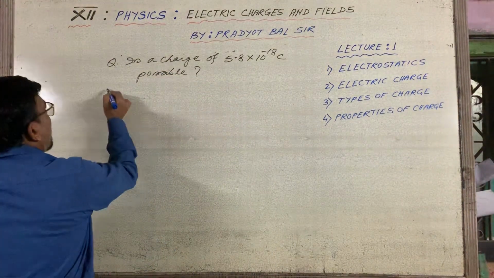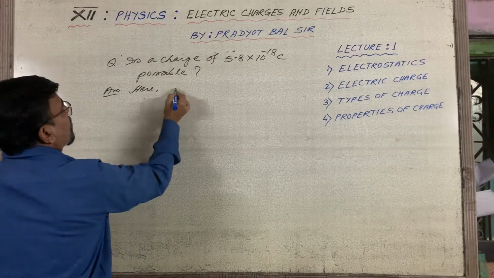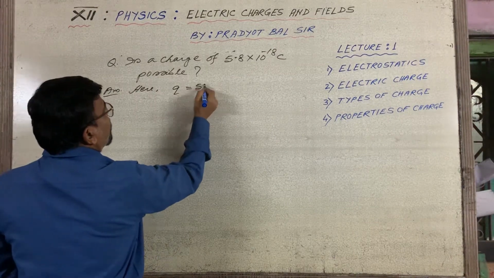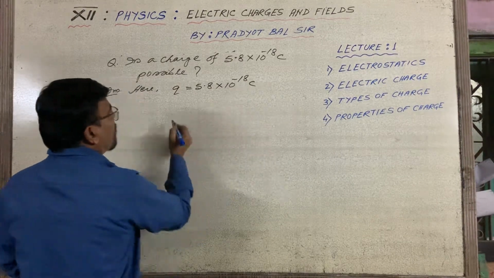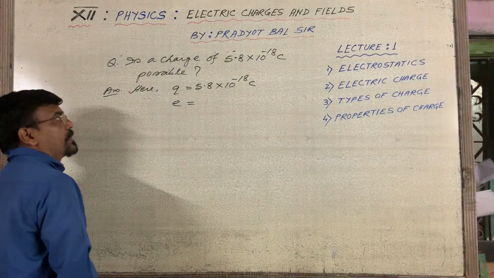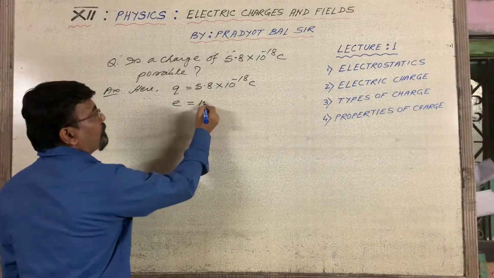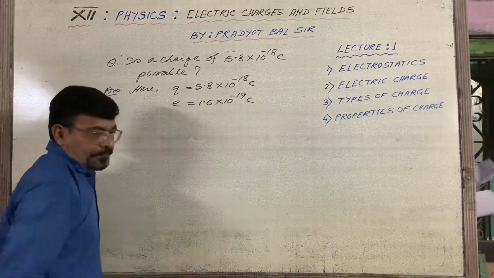So, to answer this, we have Q is equal to 5.8 into 10 to the power minus 18 coulomb. e means the charge of an electron, 1.6 into 10 to the power minus 19 coulomb.